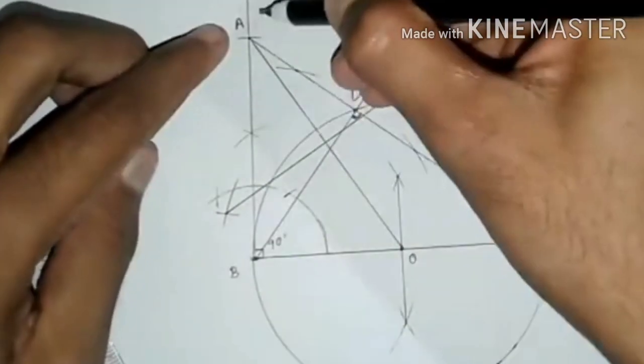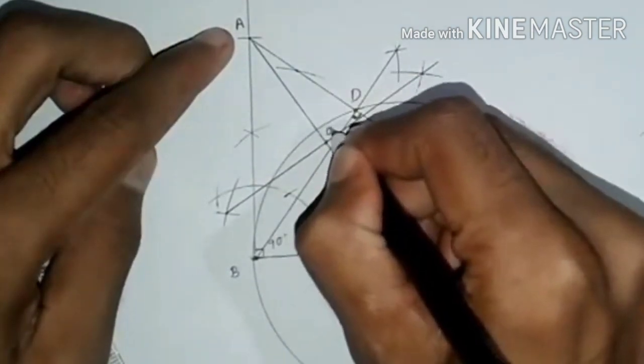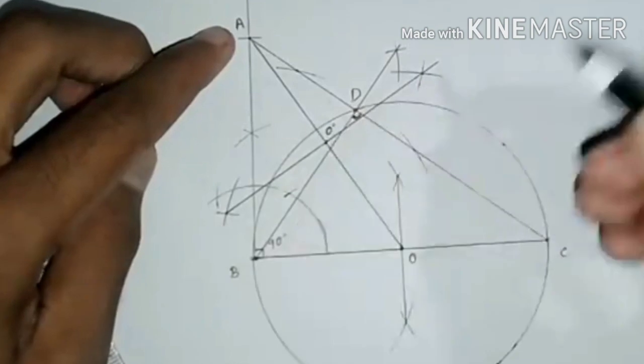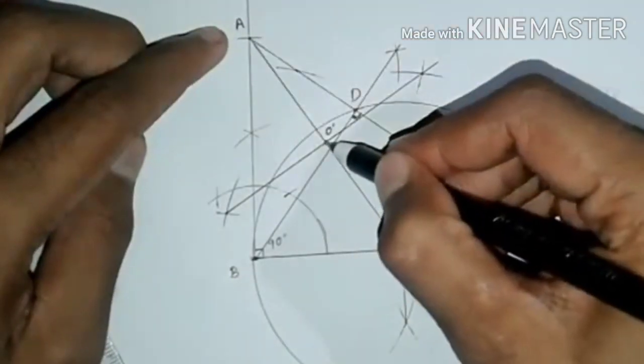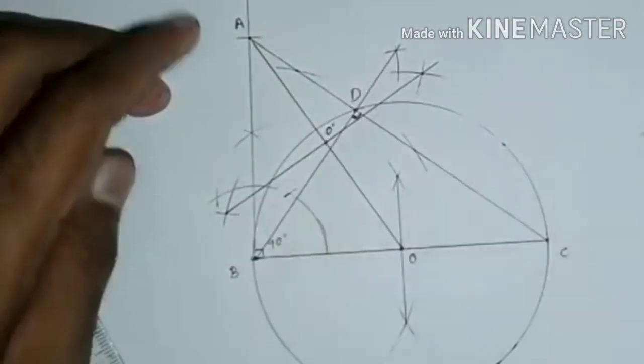And label the midpoint as O dash. Now the length of AO dash and O dash O are same because O dash is the midpoint.